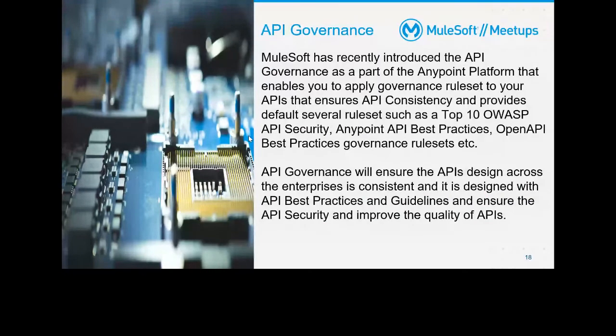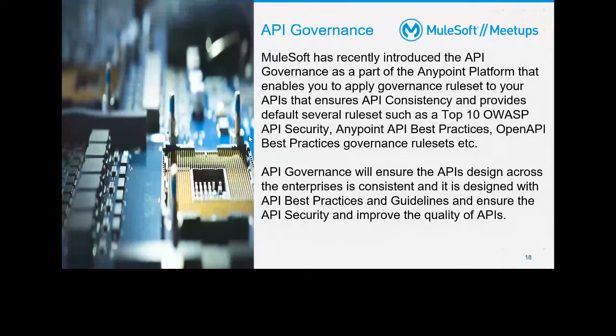With API governance, you can ensure that your API specification, whether in OAS format, RAML or AsyncAPI, is consistent and compliant across the organization or enterprise. MuleSoft provides a set of default rules, like top 10 OWASP security, Anypoint best practices, API best practices, and OpenAPI best practices.